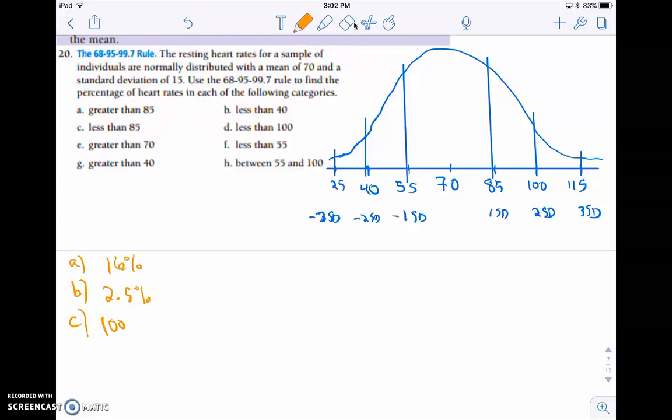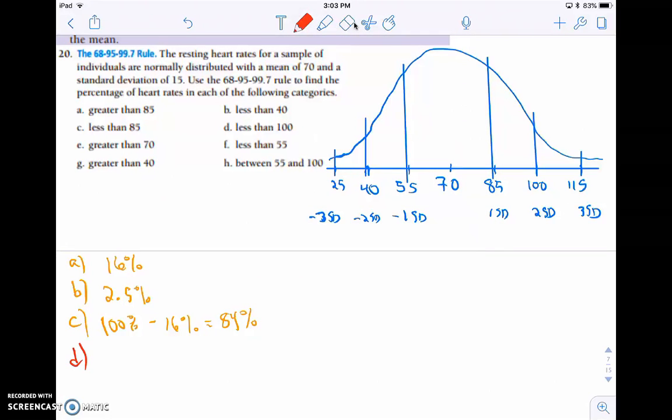So we just take 100% minus that 16%, and we'll be at 84%. So that's how much is going to be below 85, or less than 85. Because once we know greater than 85, then we just take 100% and subtract that number, and that'll give us the portion below.